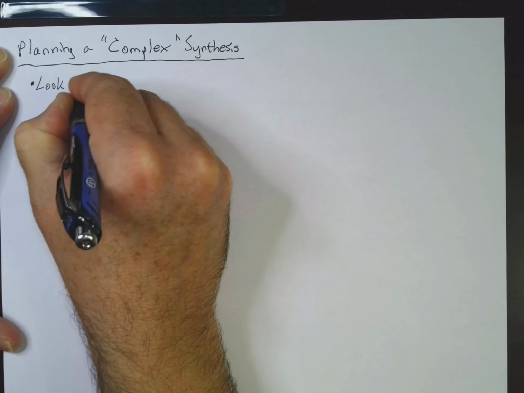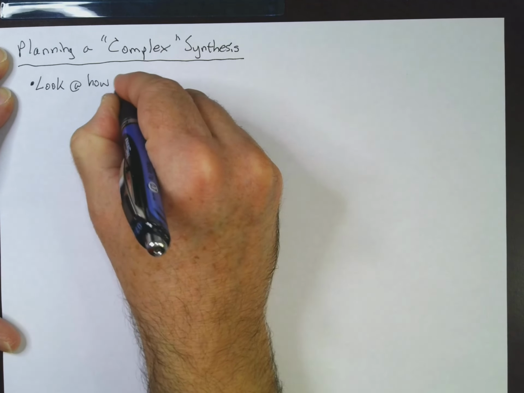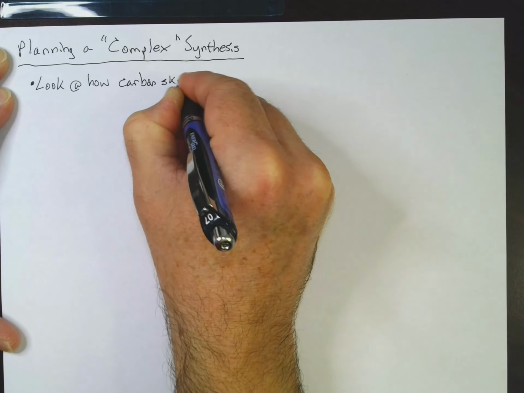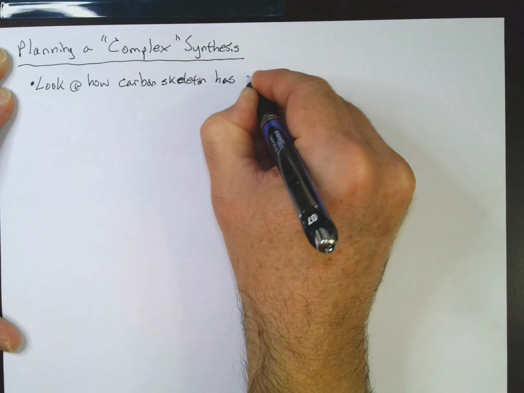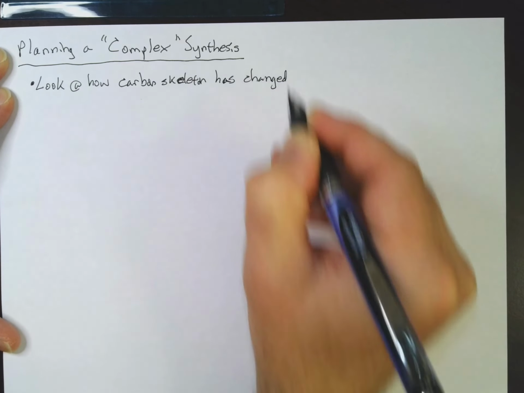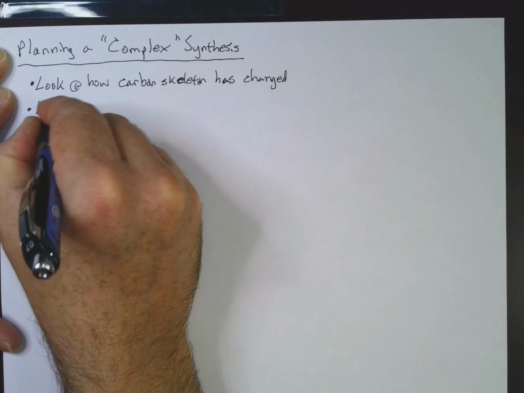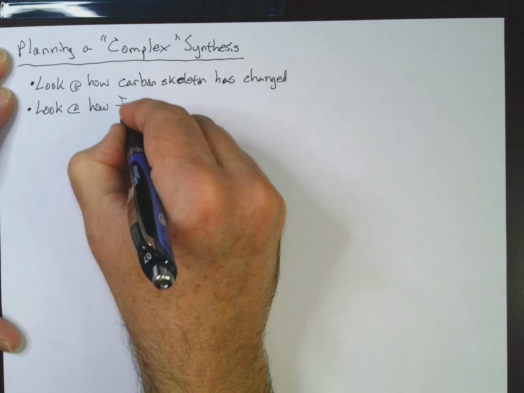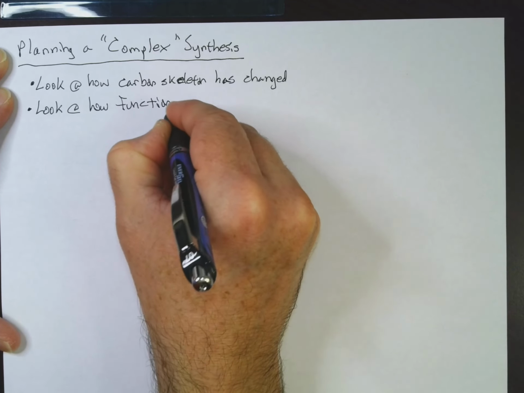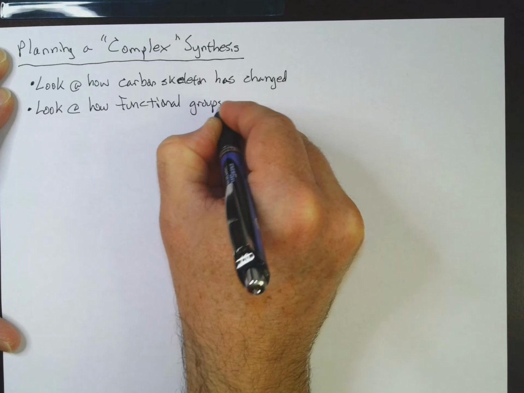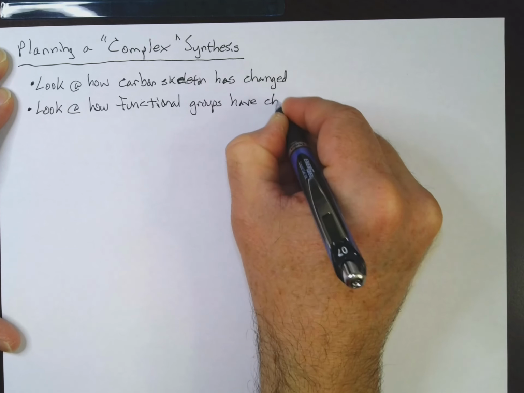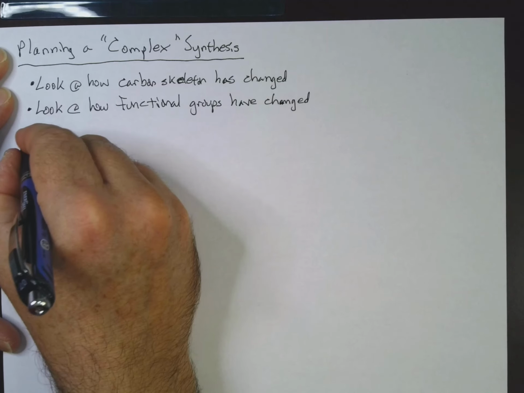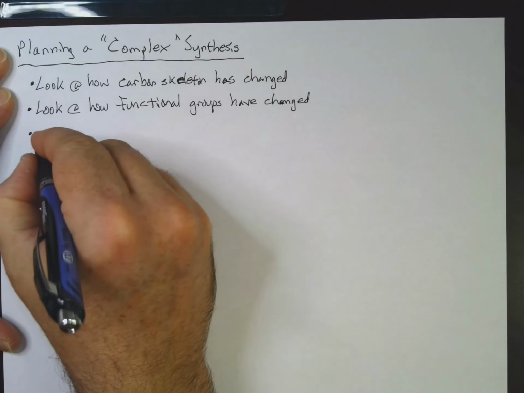So look at how the carbon skeleton has changed, and then also look at how functional groups have changed. We also want to consider regiochemistry and stereochemistry.